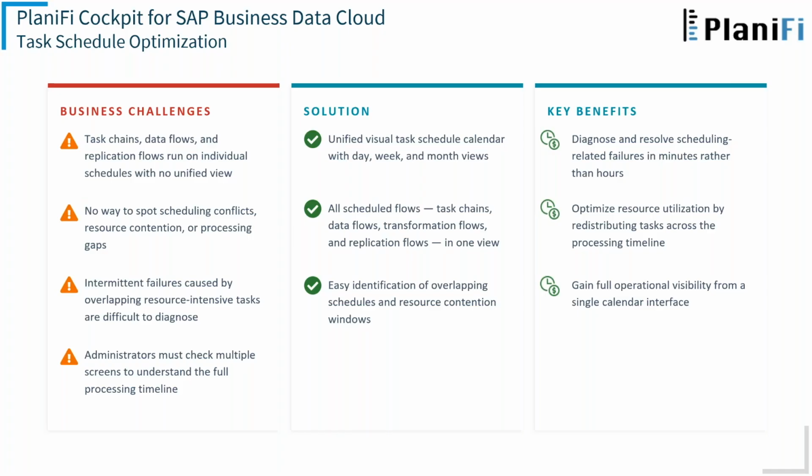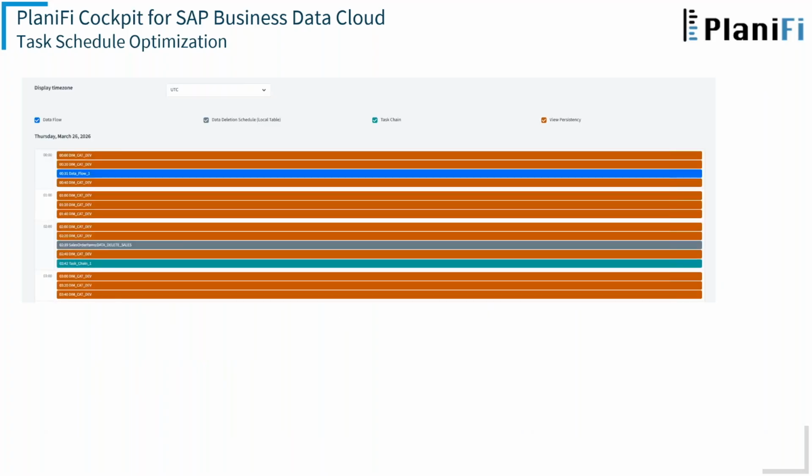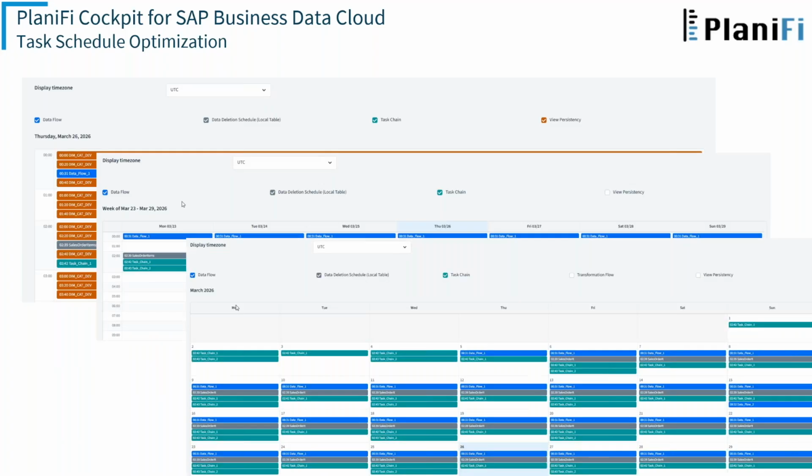So that is where we can bring in the overall view. Think about it like a calendar for your tasks that are running in your system, to give you an idea potentially if you're overloading your system with too many elements. So it shows you, broken down, the different kinds of jobs that are running on a daily, weekly, monthly level.